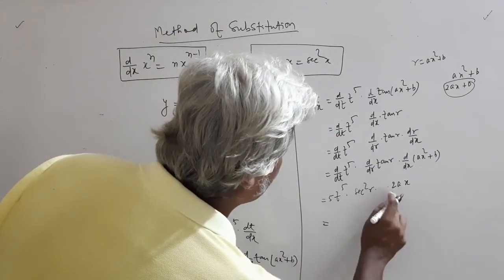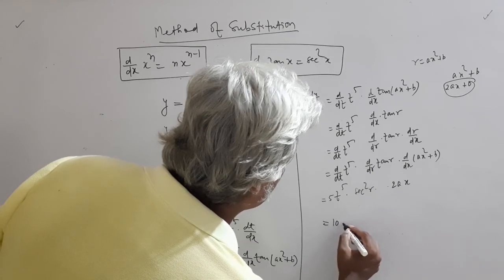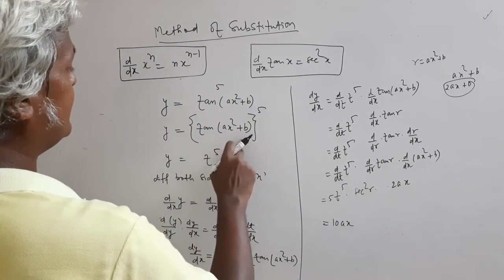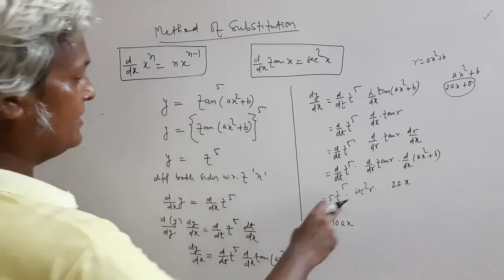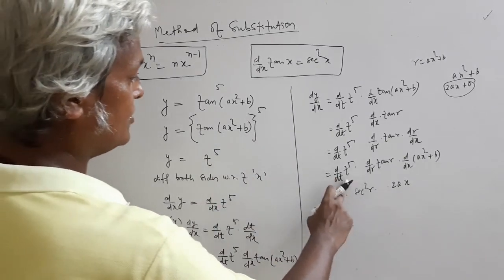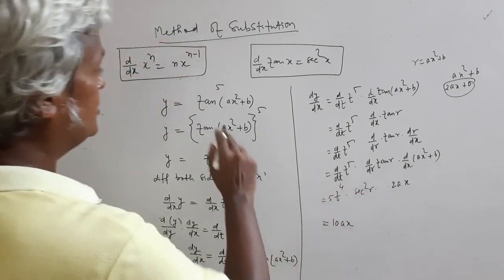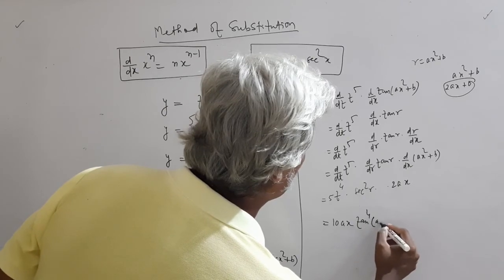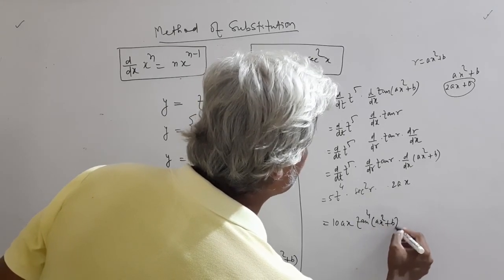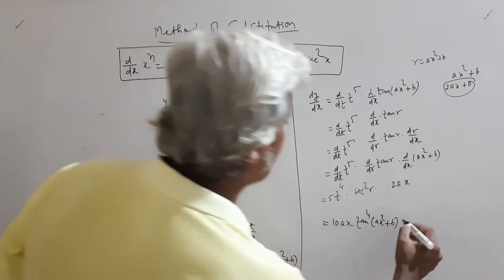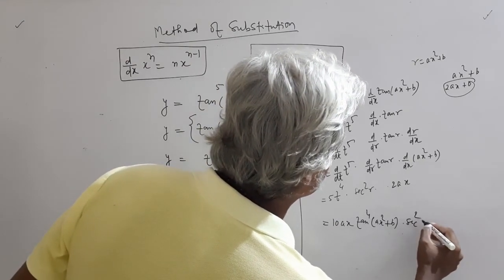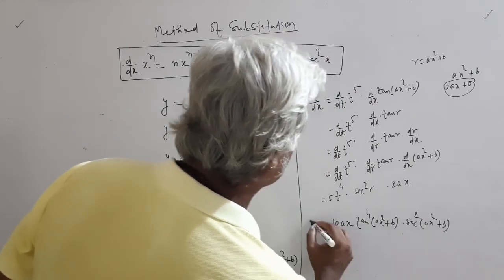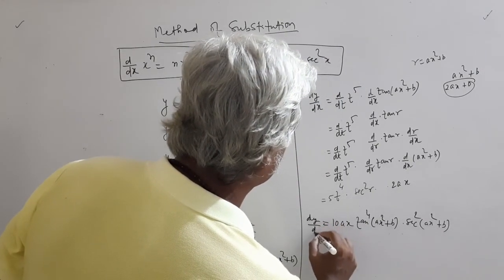So this is 5 here and 2 here. This becomes 10ax. In place of t we can write, this is my t. Oh sorry, this is 5t to the power 4. So this will become 10ax times tan to the power 4 of ax square plus b, and then sec square r, which is sec square of ax square plus b. This is your dy by dx.